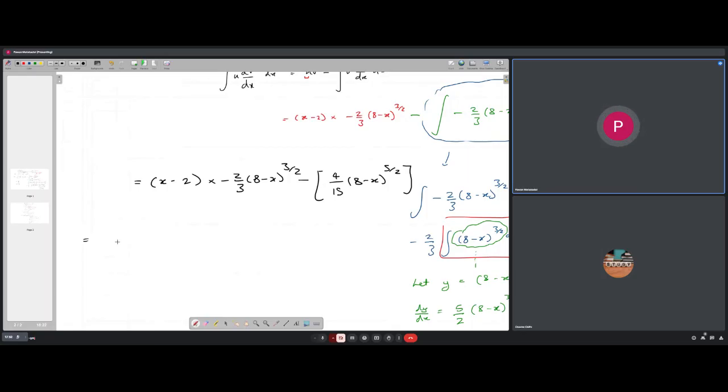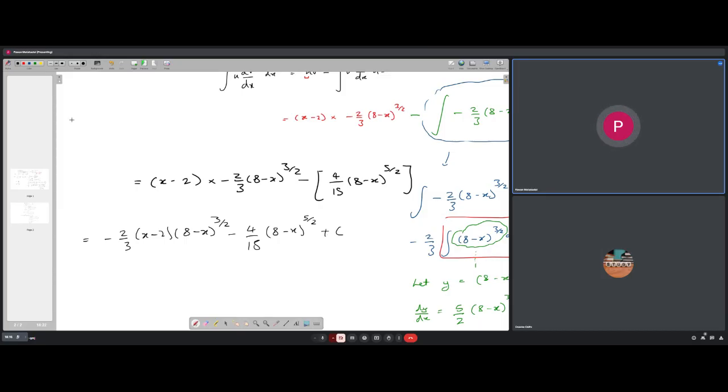So one thing that you can start doing is basically tidying up this expression. So you got minus 2/3 into x minus 2 into 8 minus x to the power of 3 over 2 minus 4 over 15, 8 minus x, 5 over 2, and then we'll put a plus c.